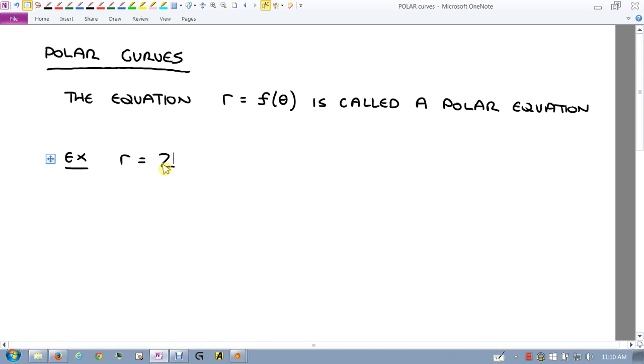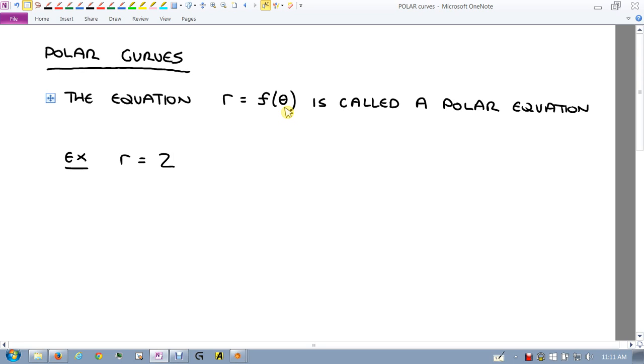So, a polar curve or a polar equation is where your radius, which is how far you walk out, is somehow a function of the angle in which you're pointing. So remember, if I'm standing here and I'm looking out the polar axis, someone gives me the angle to rotate, and then how far I walk out is dependent on this angle.